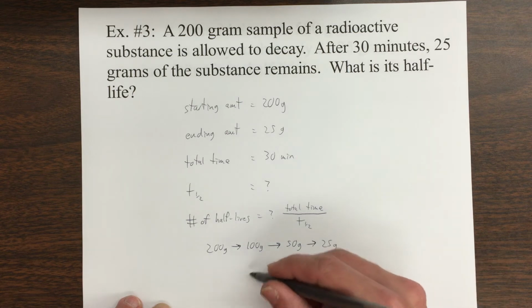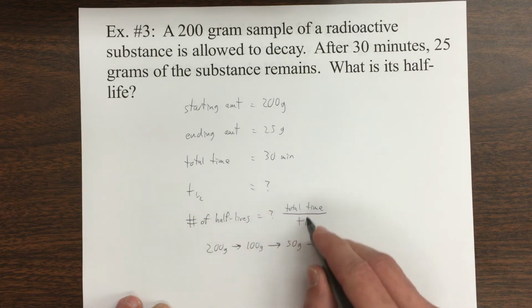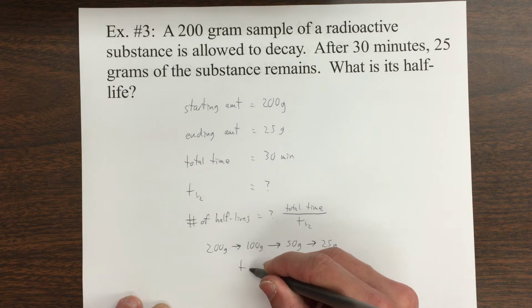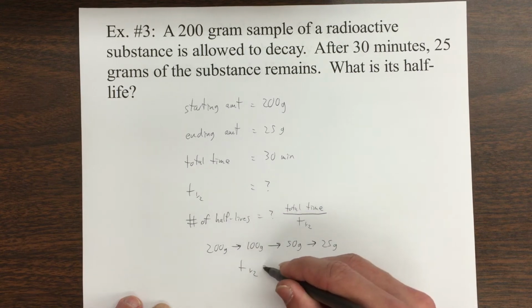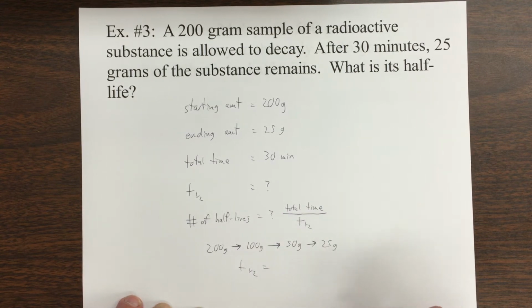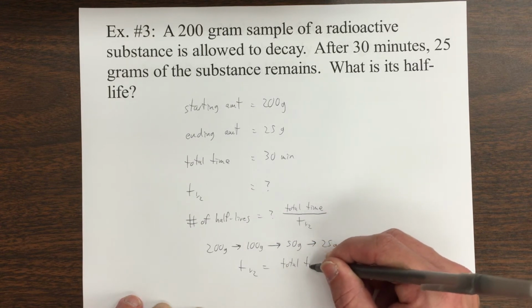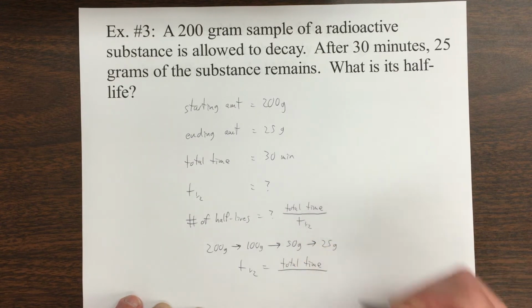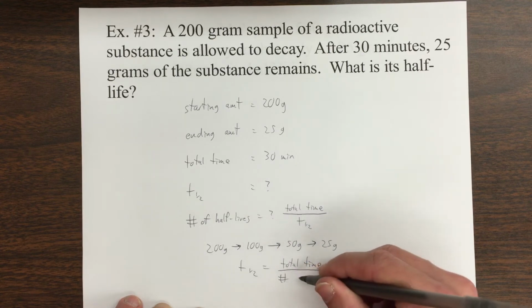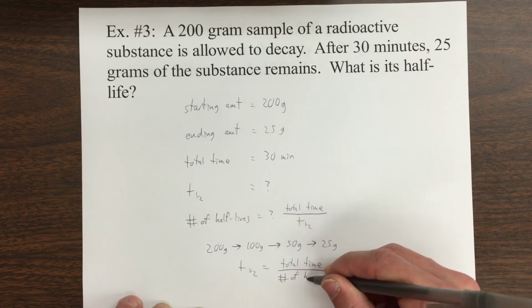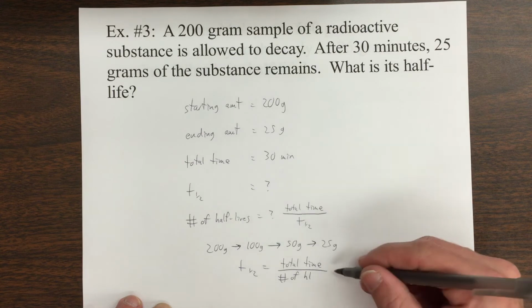Such that our half-life time, just working this algebra, T sub 1/2 is going to equal the total time over the number of half-lives, HL for short.